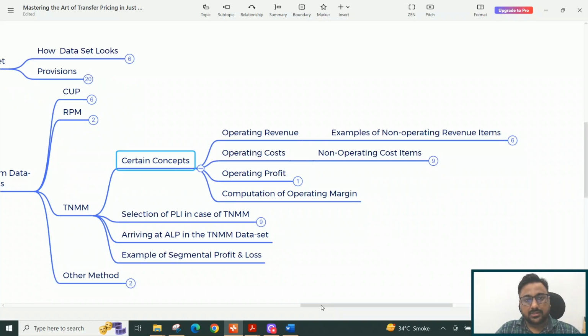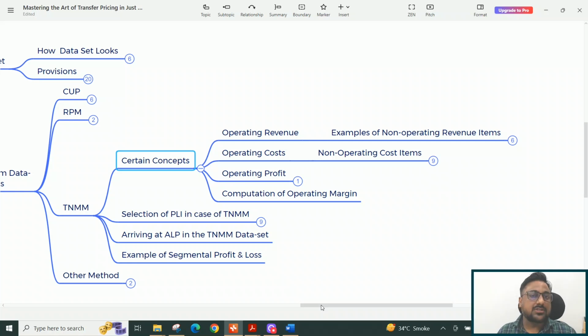Under the transactional net margin method, we arrive at the operating margin, and henceforth we compute the operating revenue first. You must have seen that the profit and loss account, which has been prepared as per the Companies Act and reported with the MCA authorities, captures the entire set of income as well as the entire set of expenses.